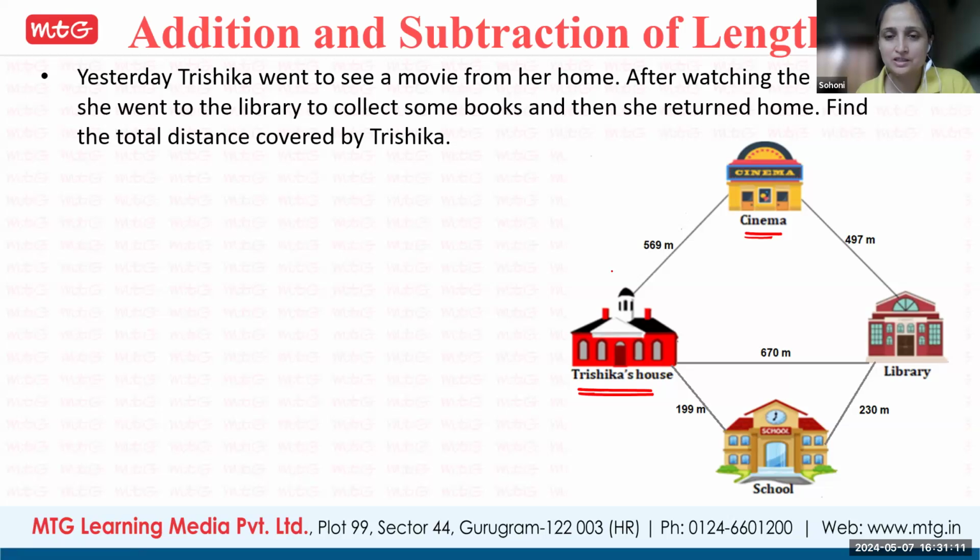So that means she started from home. She first goes to cinema hall. Then from there, she goes to library and then from library to home. So total distance covered by Trishika. Total means what? Addition. So find the total distance.